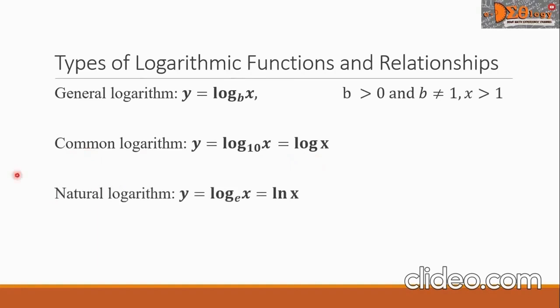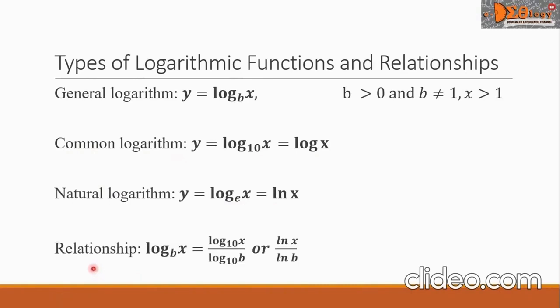The next type is the natural logarithm, and this is y equals log of x to base e. We can simplify the notation by writing ln of x. This ln of x means it is a logarithm with base e. There is a relationship about log of x to base b.